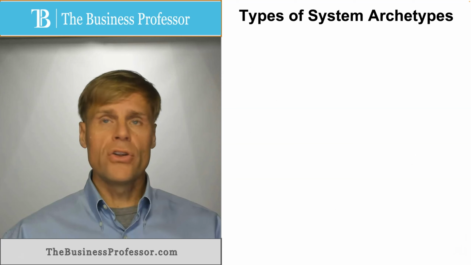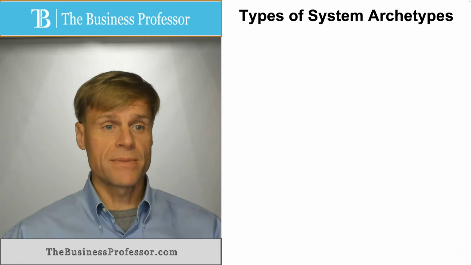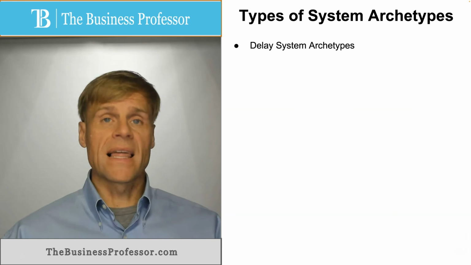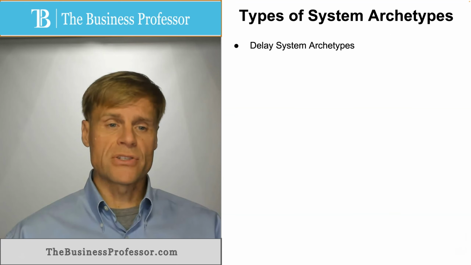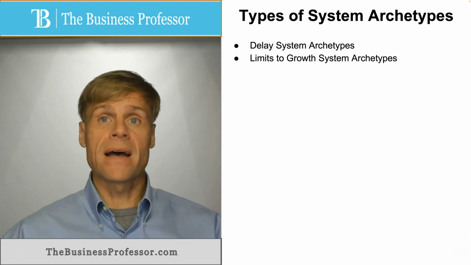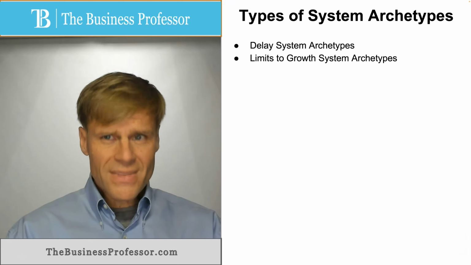Now there are numerous types of system archetypes, many, but some common examples might include a delay system archetype, where you're simply trying to identify whatever's causing individual delays and minimize that effect or function.